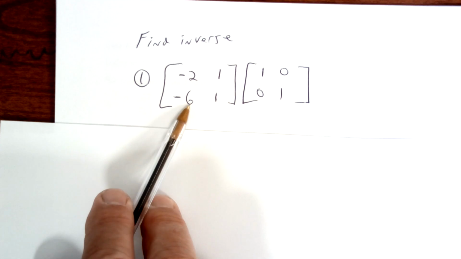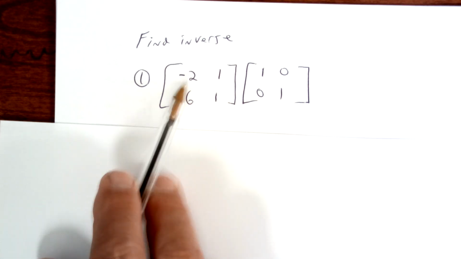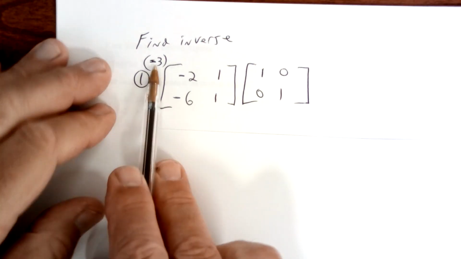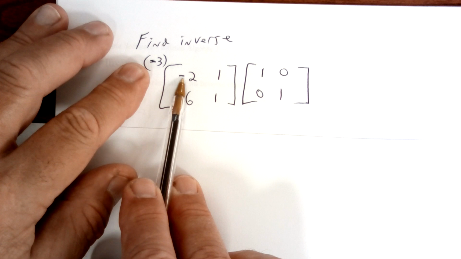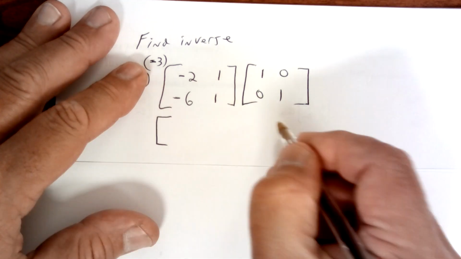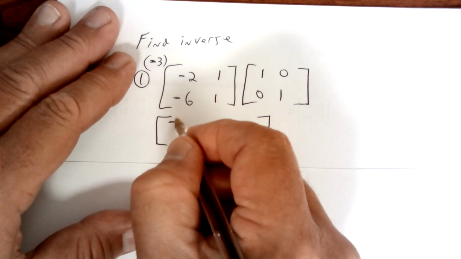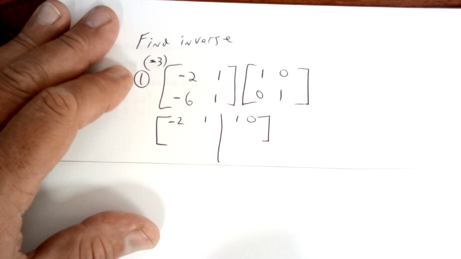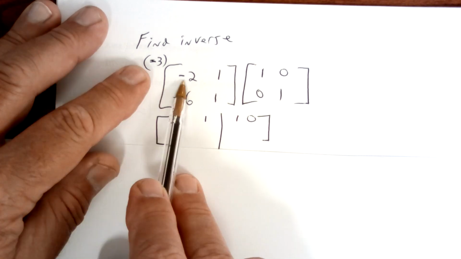So we're going to multiply the top equation by a negative 3. If you multiply by negative 3, this becomes a positive 6. And then it will cancel. So the top one stays the same. So I would go ahead and just rewrite the top one. Okay? So negative 3 times negative 2 is a positive 6.